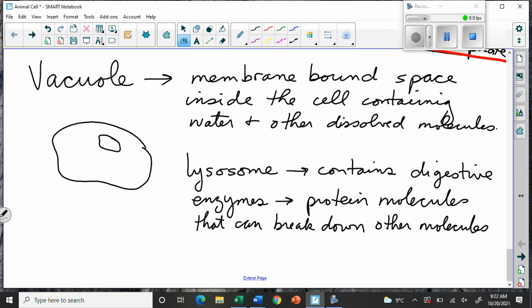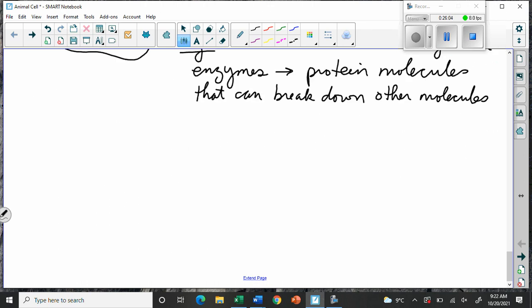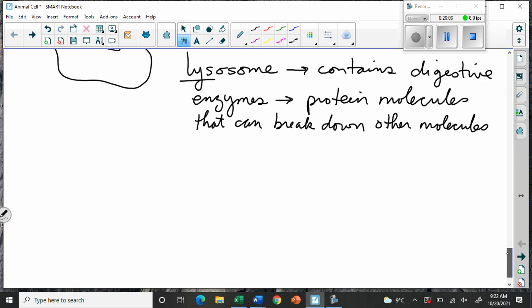You built this nice Lego spaceship, and then if you pull all the Lego pieces apart, it's just now a pile of Lego that can be used to build another thing. And so digestive enzymes. So a lysosome, the word lyse in biology means to pull apart or break apart. So you can remember that. Lysosome. A lysosome is digestive. That's one example. There's another example that we can do, and it's called a peroxisome.